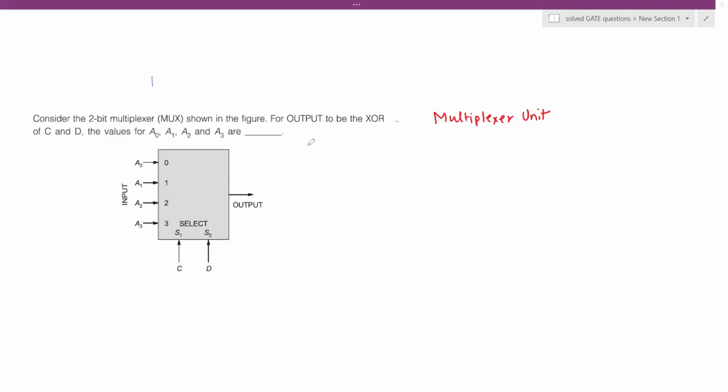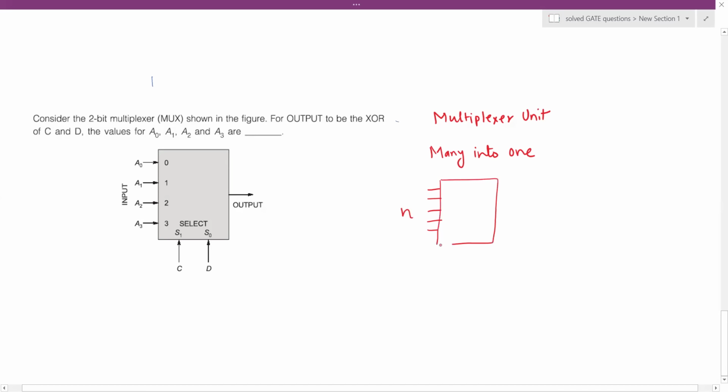In another word, multiplexer is also known as many into one. Many into one. What does it mean? So you've got many inputs and with that you have this mux inside and you have an output, but the output will be only one.